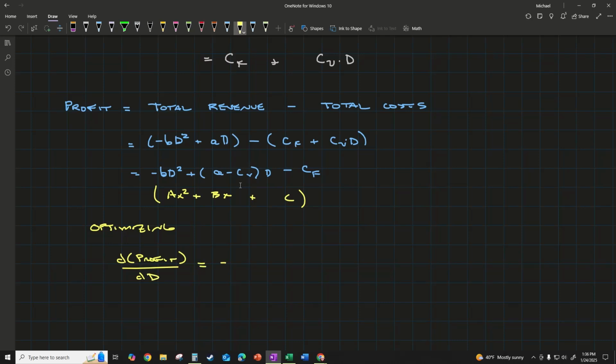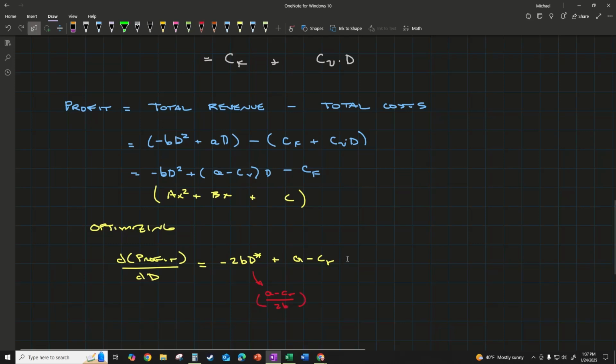And so this is going to be minus 2 B D star plus A minus CV. And here D star represents actually a term, A minus CV over 2B.